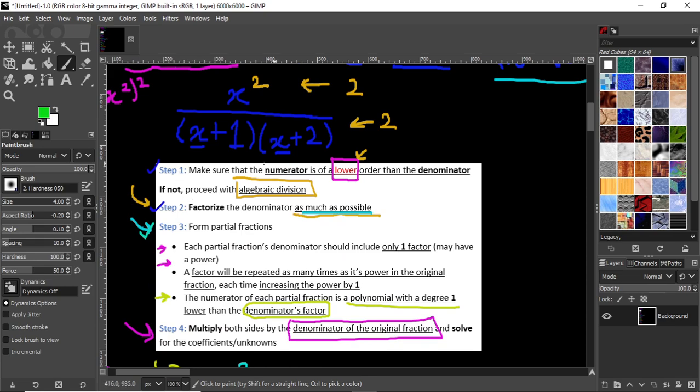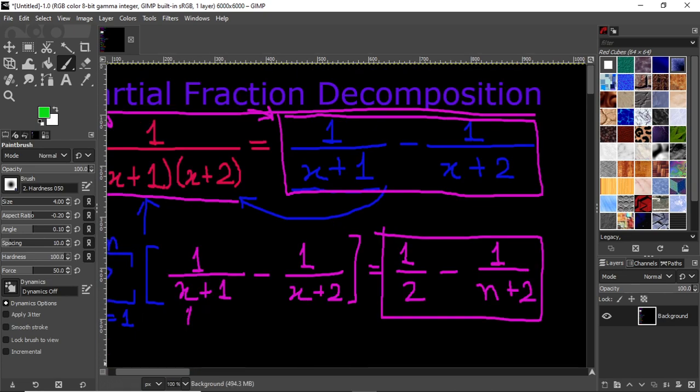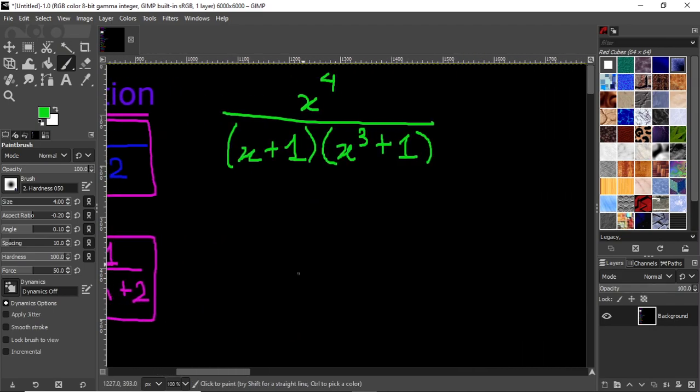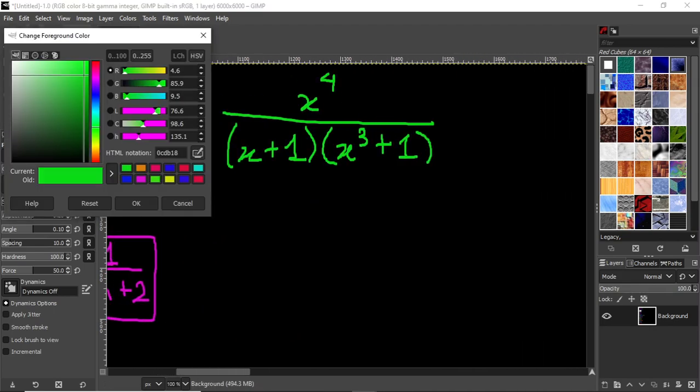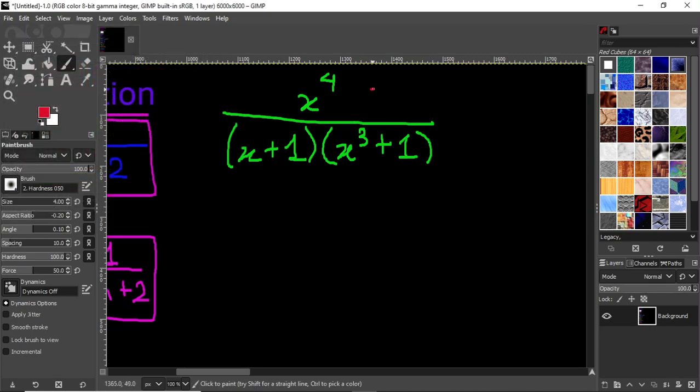Step 1, make sure the numerator is of lower order. Is it? This is order 4, this is x into x cubed, that's also 4, so it's not. We are going to need to divide.